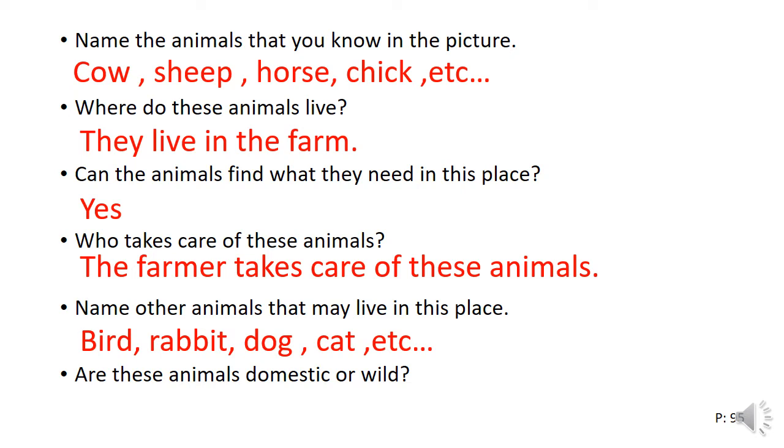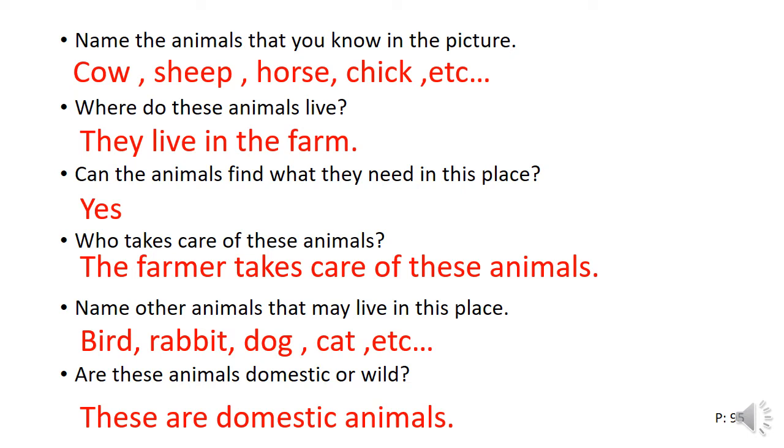So, if these animals can live inside the farm, inside the garden, inside our house, and we have to take care of them, these are called domestic animals. From the previous exercise, what can I say about group A?